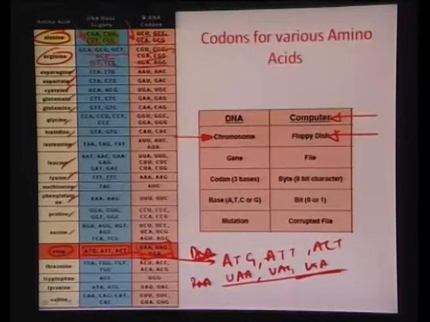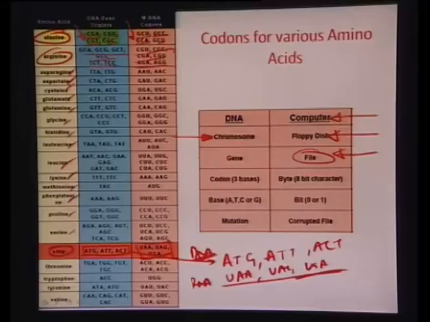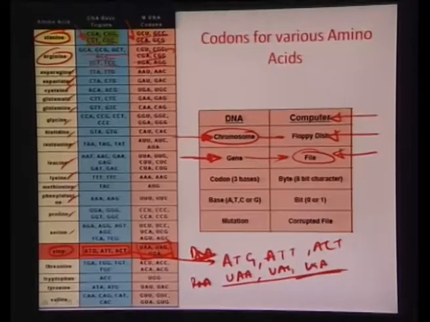They are essentially readouts of data points where this compressed information is present, okay. On a floppy disk you have several files to store, whereas in the chromosomes you have these different genes or these different DNA which are supercoiled and placed inside the chromosome. So chromosome is kind of equivalent to the floppy disk, and the gene is kind of equivalent to the file on the floppy disk, okay.